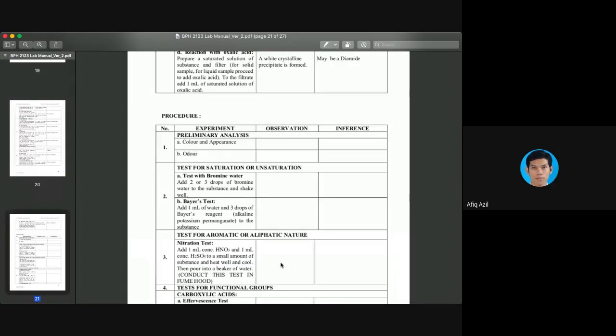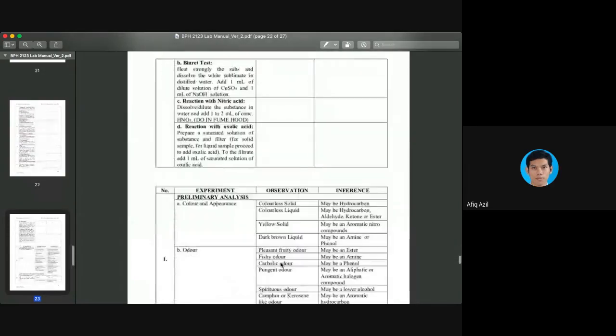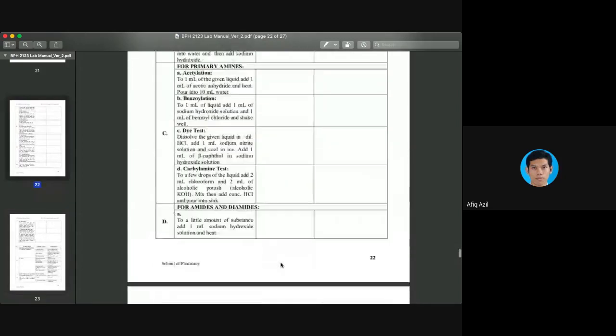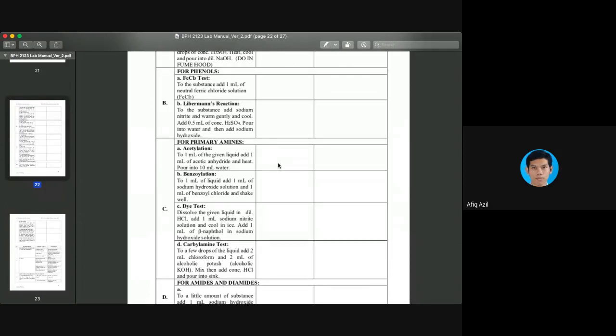And then let's say it contains a primary amine group, so that should be here. All of the tests that should be positive for that particular compound, you can write the positive observation.